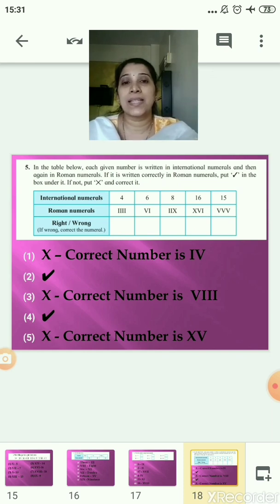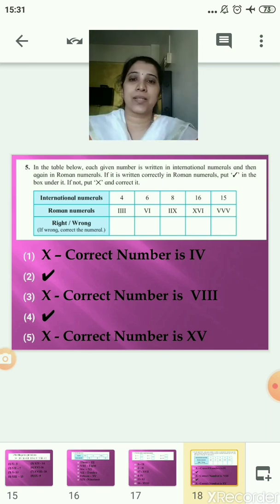No. We had seen in our rule number 1 that we can use the capital letter I only for a maximum of 3 times. So, the Roman numeral which is written for the number 4 is wrong. So, you will put a cross mark and you will write the correct number is capital I and then capital V.